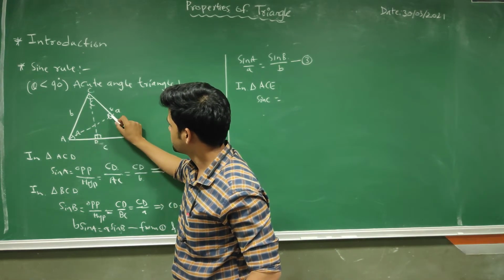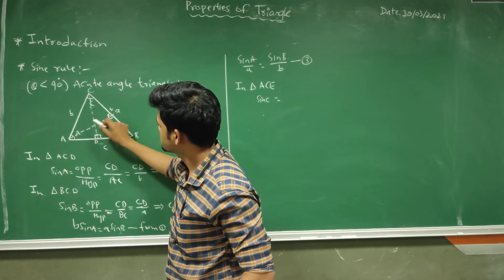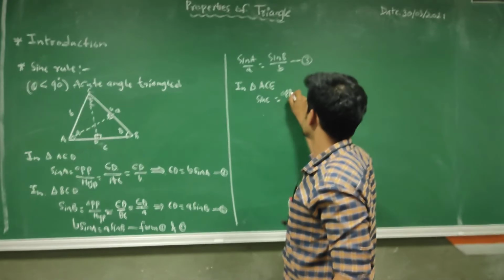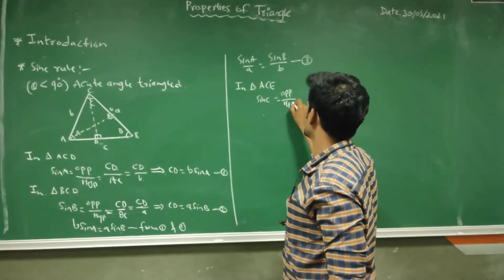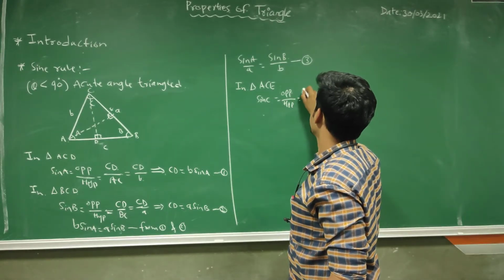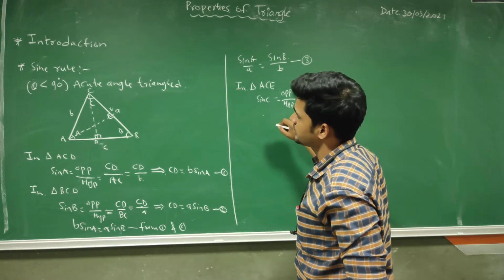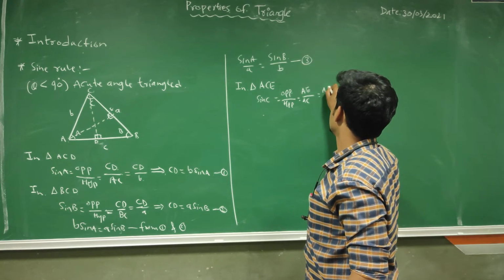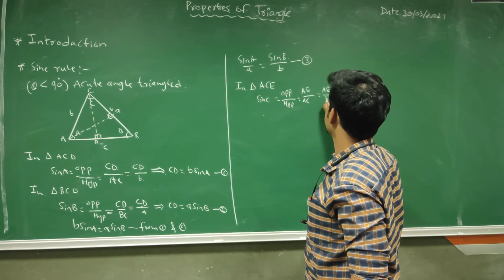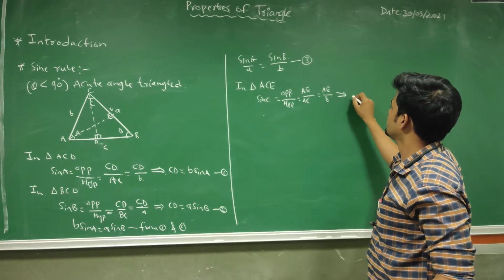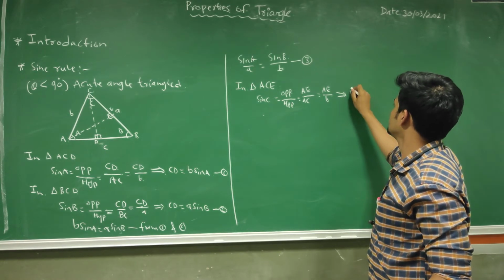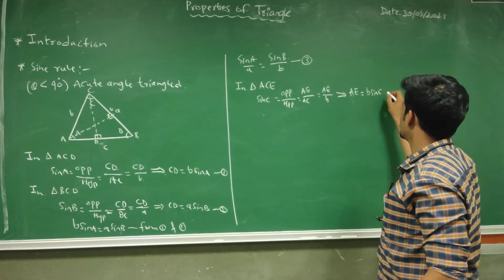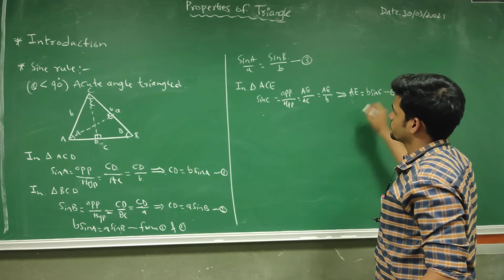The opposite is nothing but AE and the hypotenuse is nothing but AC, and I can write AC is nothing but b. So I can conclude that AE is nothing but b sin C. Let's take equation number 4.